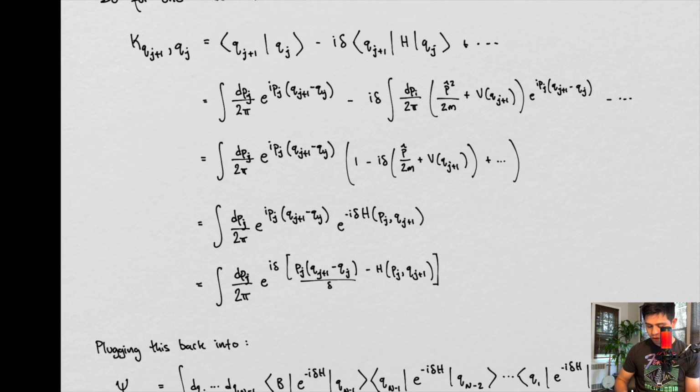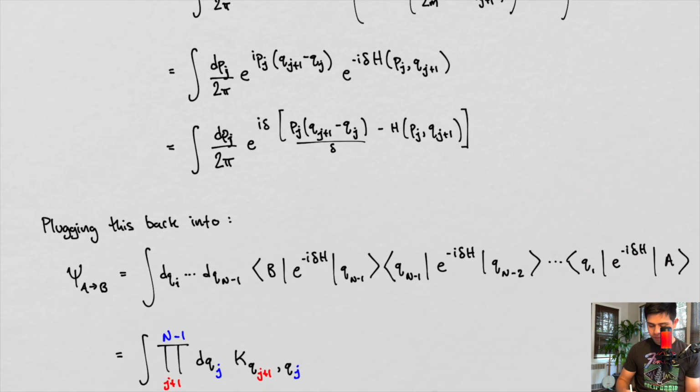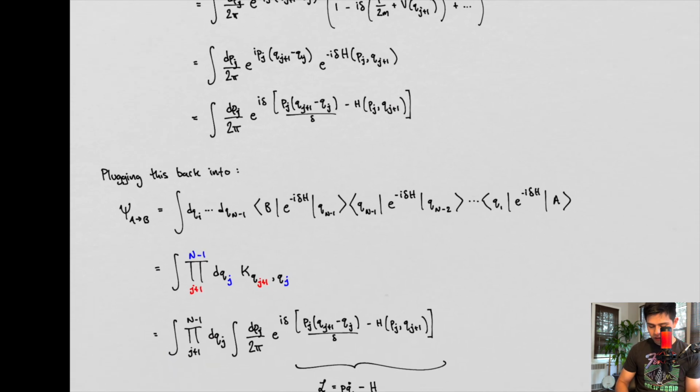You can do multiple higher order terms to prove to yourself that that's the case. But again, we can write this as an exponential. By combining all of these into a single exponential, now we get this. This delta comes out, so we need to divide this by delta, and we get this right here, and this is our end result.